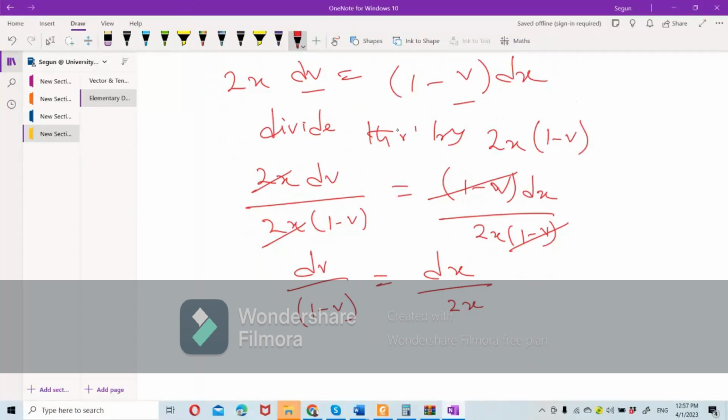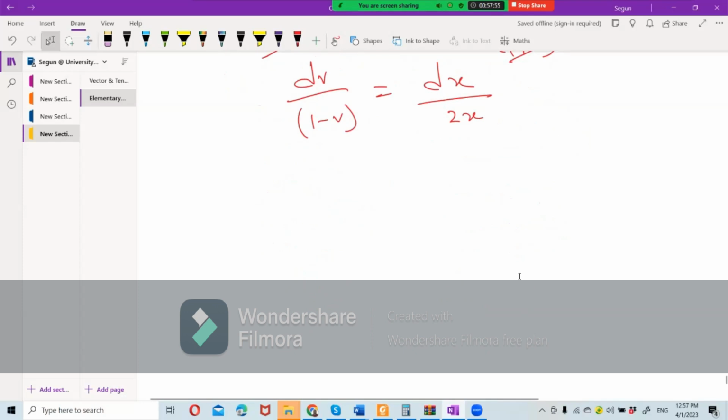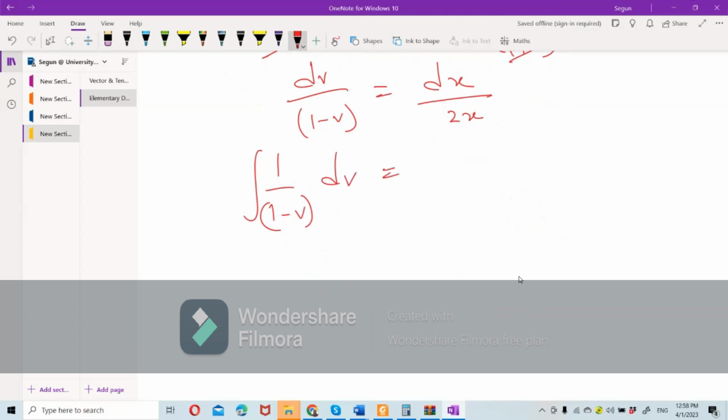It's easy for me now to integrate with respect to each of them. You agree with me if I said integral of 1 all over 1 minus v dv equals to 1 all over 2 integral of 1 all over x dx.